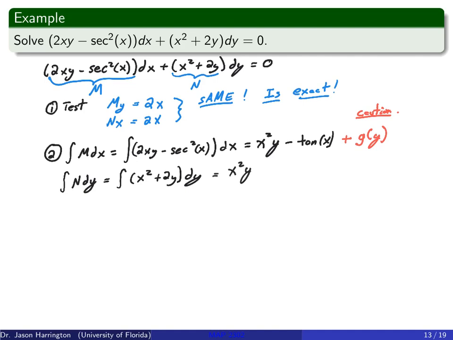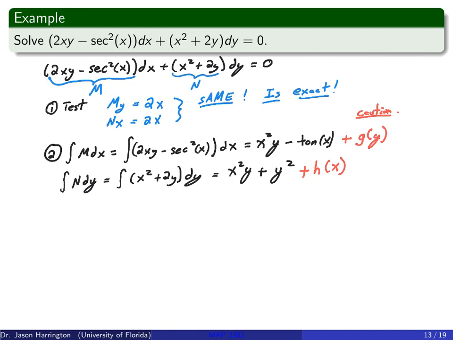And now if I integrate the second term with respect to y, I just get y squared. So that's going to be plus y squared. And just like before, but now instead of being a function of y, because I integrate with respect to y, now I can have any function with respect to x.